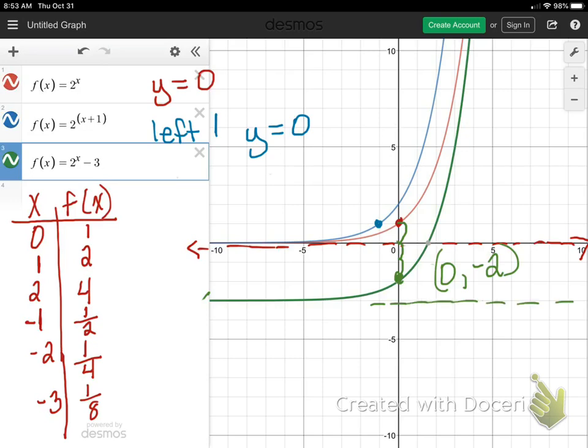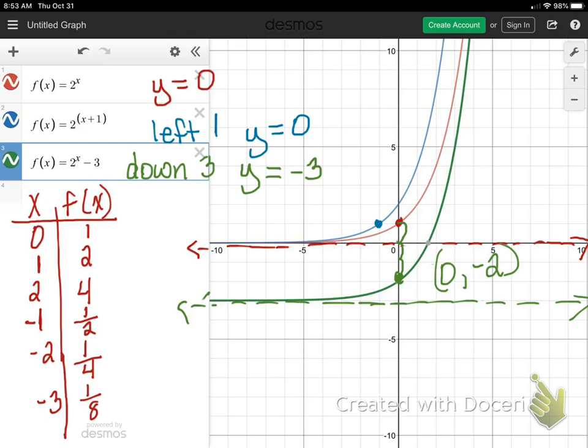It has moved down 3. So it approaches y equals negative 3, but it never crosses y equals negative 3. So my asymptote is y equals negative 3, and my parent function went down 3.